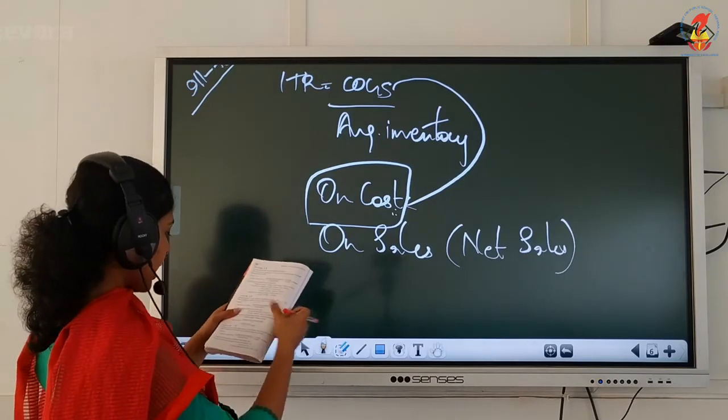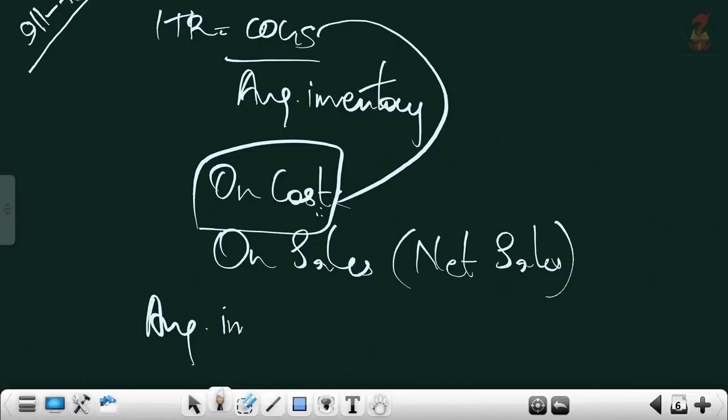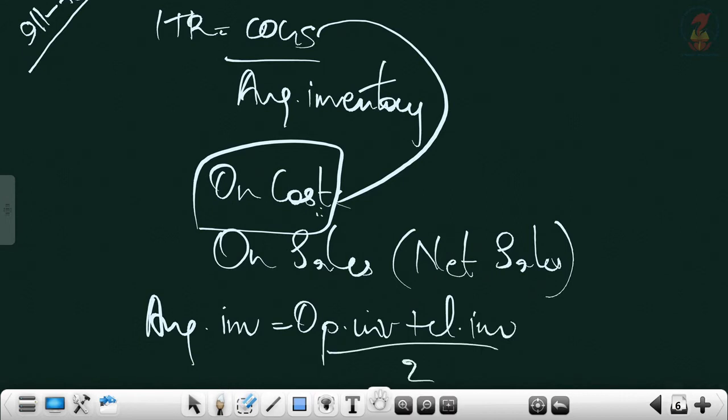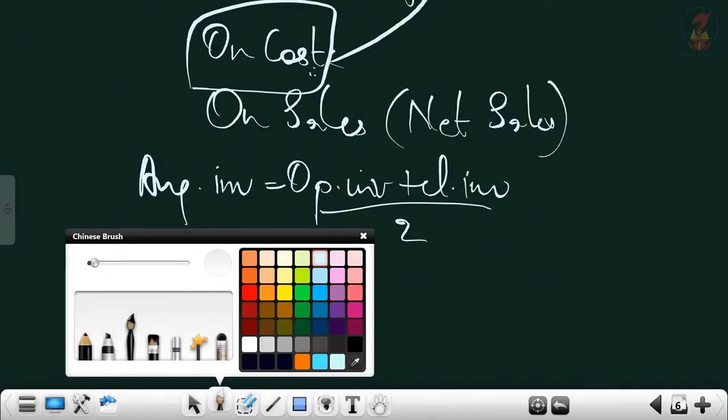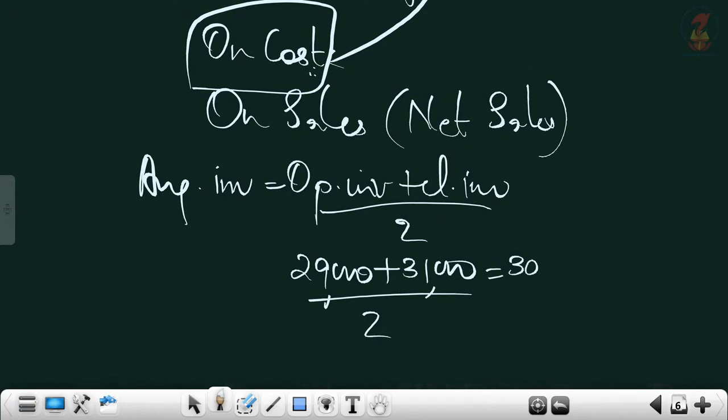Okay, we'll see whether the items are directly given. We can compute average inventory because opening and closing inventory are directly given in the question. So directly you can compute average: 29 plus 31 divided by 2, which is equal to 30,000.